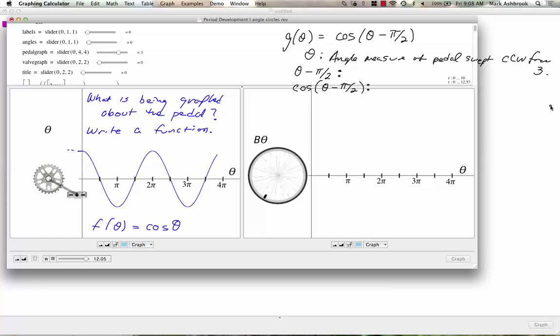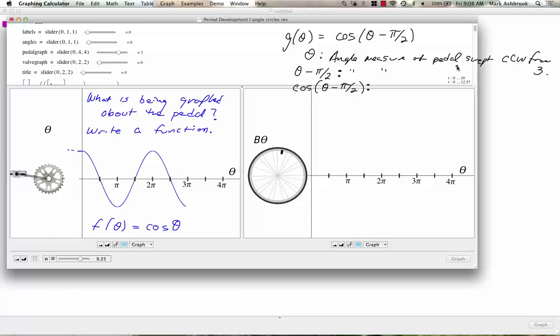All right, theta minus pi over 2. Sarah, what do you think this is? I think that one is the angle measure of the tire valve after it's swept counterclockwise. So everything's the same as theta, but it's the tire valve now.